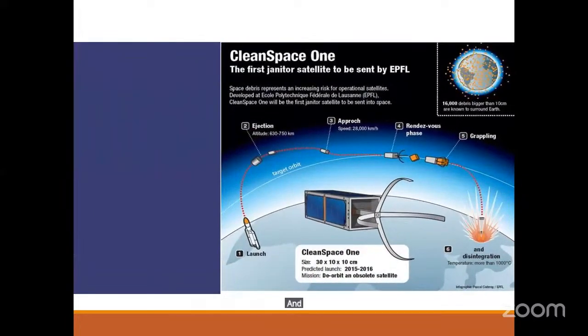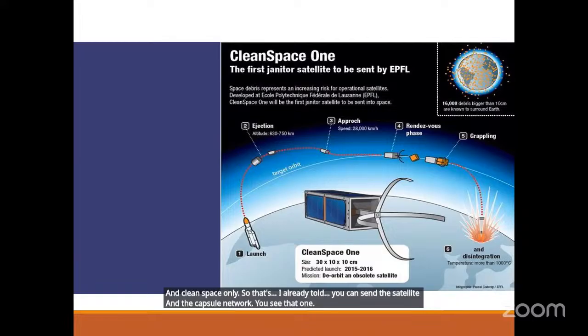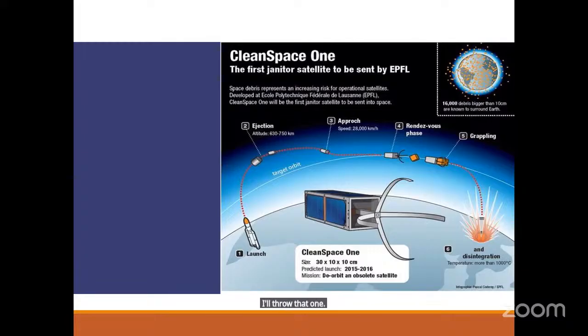And clean space one, as I already told, you can send a satellite and capture it. You see the launch, ejection, approach, rendezvous, and then grabbing. Then we can do disintegration, meaning demolish it or throw it out of low Earth orbit, so they clear the space. We are using the D-Orbit and Absolut satellite. Automatically it will move in space and capture the debris.